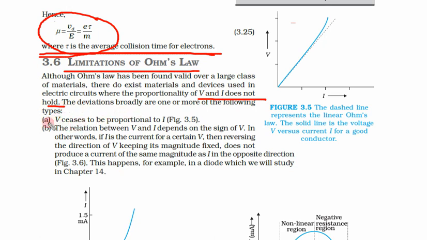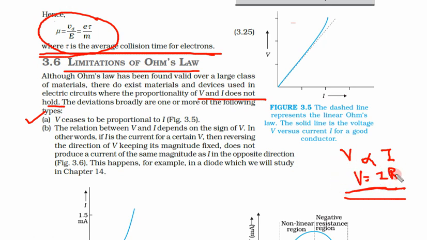This is the first case, where V ceases to be proportional to I. What was Ohm's law? V is proportional to I, or V is equal to IR. This is the equation of a straight line.